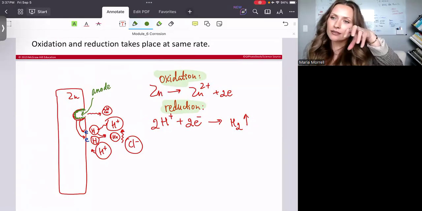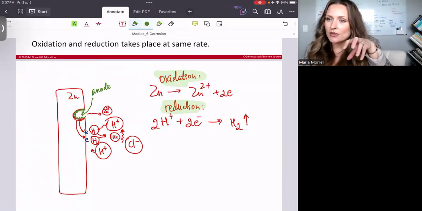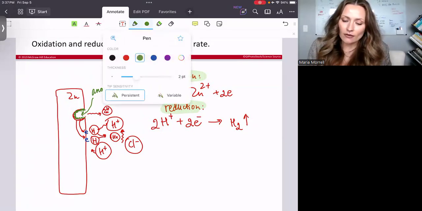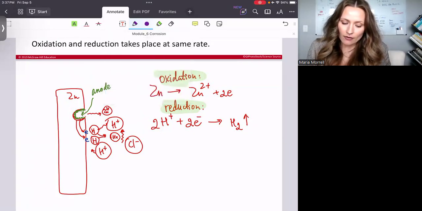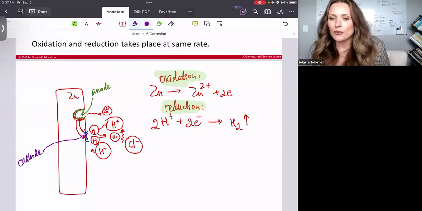This local spot where the oxidation or the corrosion happens is what we call the anodic region, or a local anode. And the area where you have the formation of hydrogen, I'm going to put it here, this is your local cathode, okay?